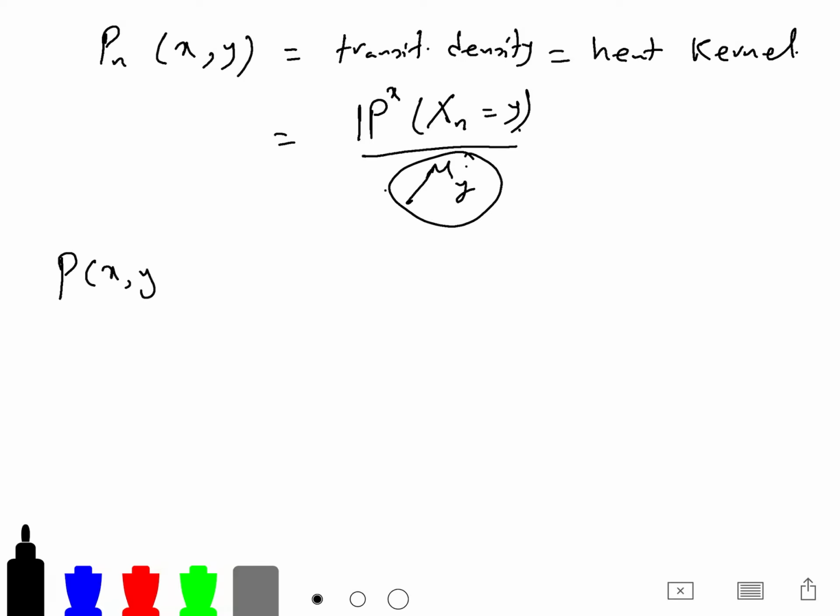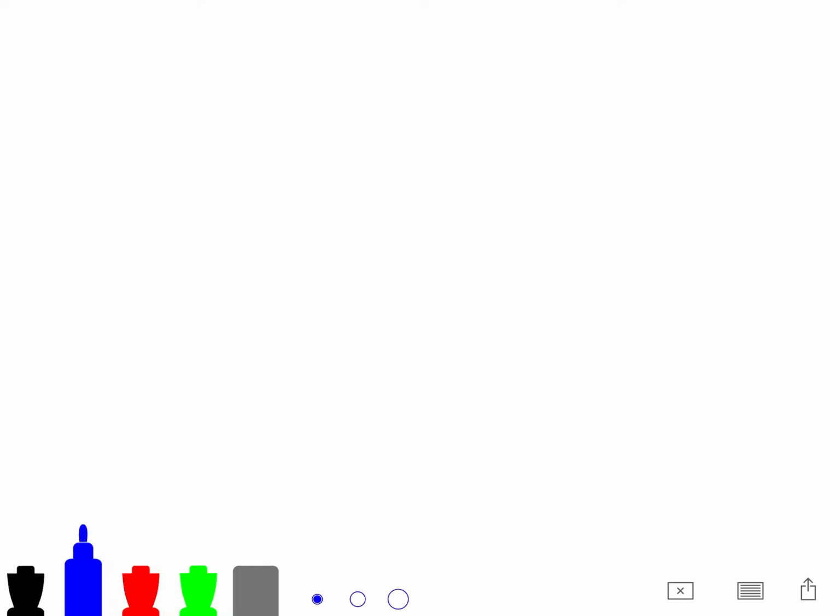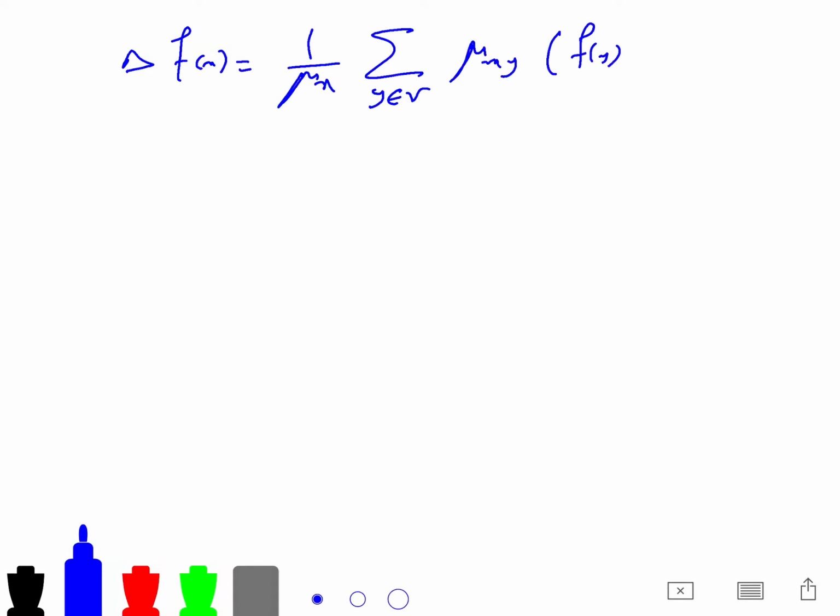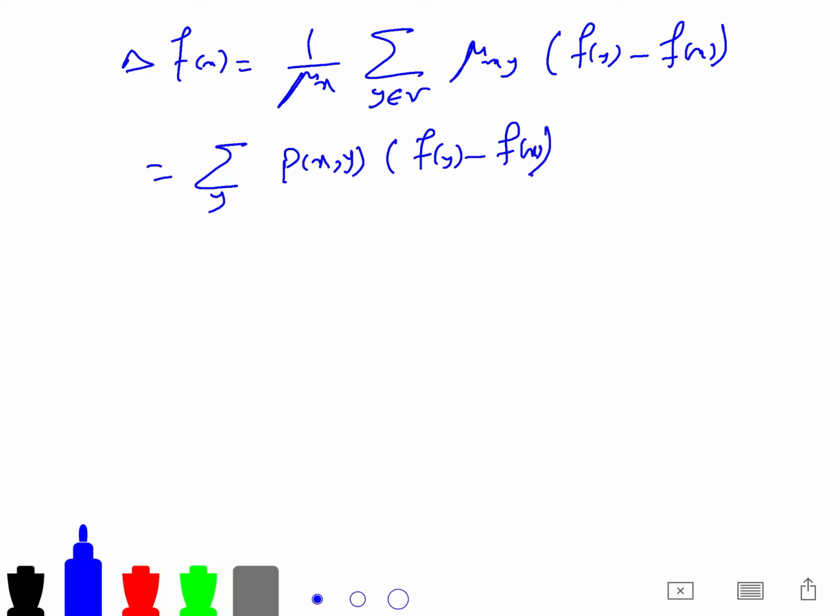We can write, for example, if n is 1, you see that it is what you know, mu_xy over mu_x. So the Laplacian of f of x is 1 over mu of x, sum of mu_xy, f of y minus f of x. And you can write it in terms of this p, f of y minus f of x, as I said, just multiplied by mu of y.